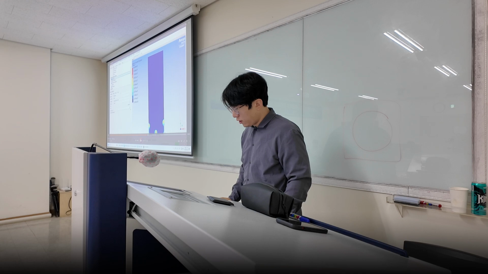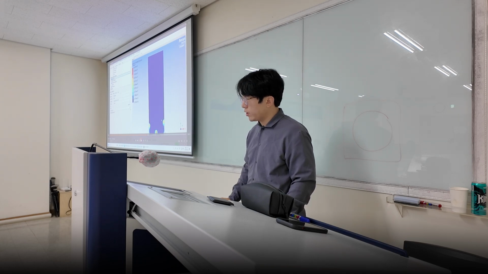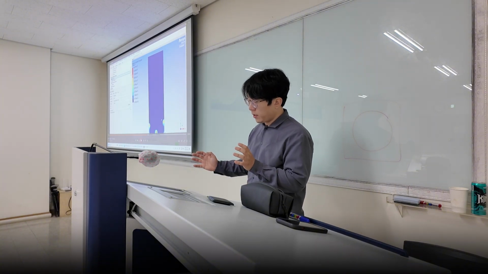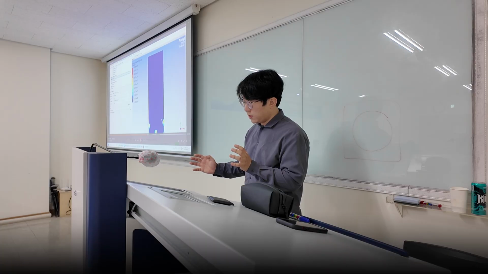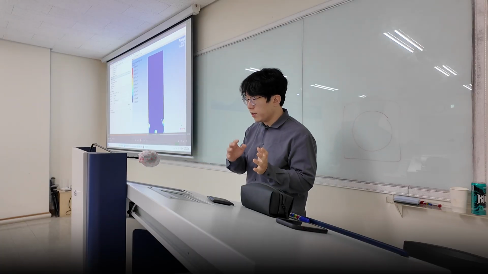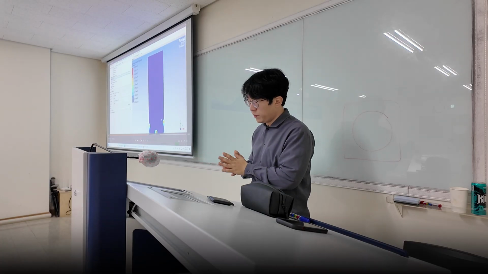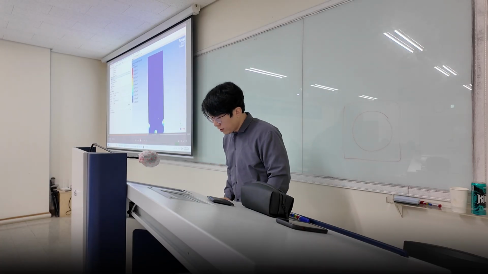So here you can get the bubble diameter in terms of a 2D polygon, and then by converting the polygon area into an equivalent circle, you should be able to get the diameter of the bubble.